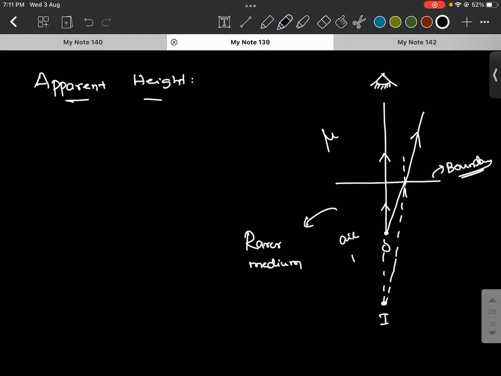Is that clear? So can you try out what would be the value and tell me? This height is H. This is H dash. These two rays are never going to meet.